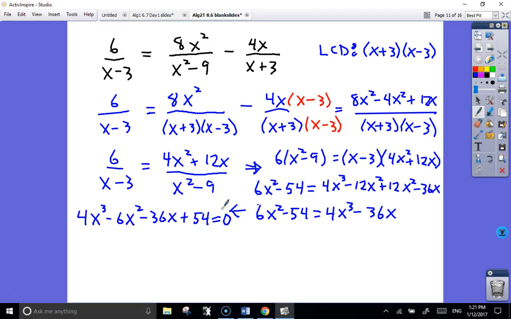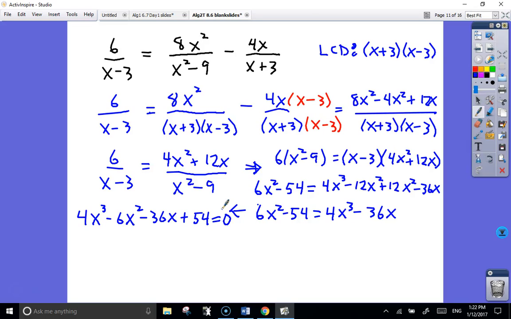So how did we learn to solve a cubic equation? Say again? Yeah, I mean, when we didn't have many ways to solve something like this. I mean, this is the kind where you might graph it and look for a 0 and try to divide out a 0, but we're not going to do that. Remember, if you have 4 terms, you might look and see whether grouping looks like it would work. And if it's going to work, then negative 6 divided by 4 should be the same as 54 over negative 36.